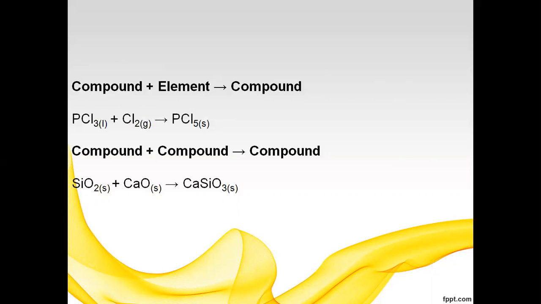So the third one is what is this? A compound plus compound to form a compound. So two compounds combine to form a compound. SiO2, that means silicon dioxide, reacts with calcium oxide to form calcium silicate. Silicon dioxide and calcium oxide are compounds.